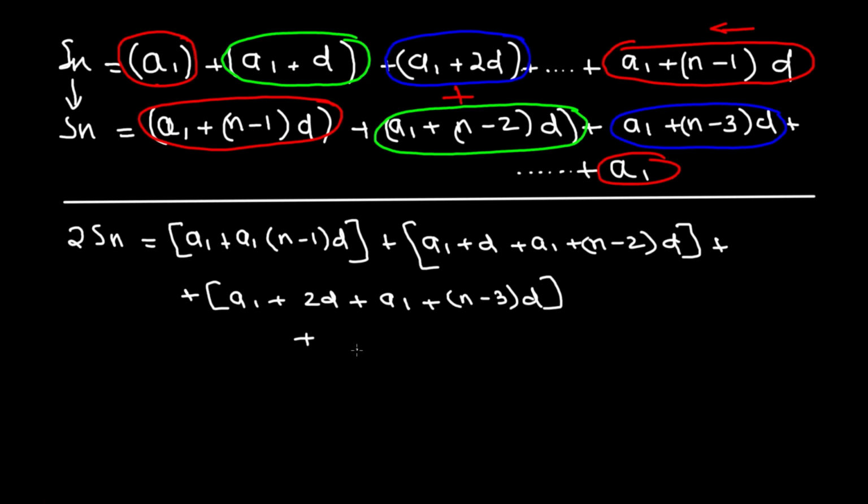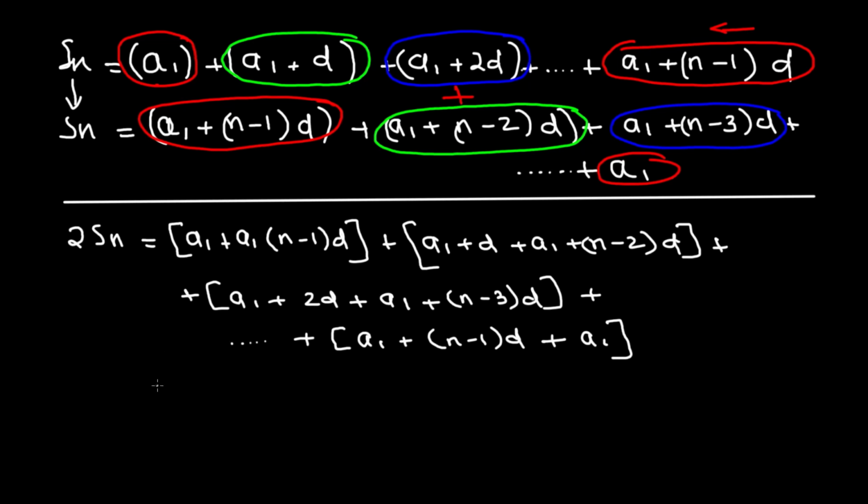So this one will be A1 plus n minus 1 d, then plus A1, like that. But we need to remember that here we have this gap and there we have that gap. So we're going to maintain this, saying plus here, and maintain that.